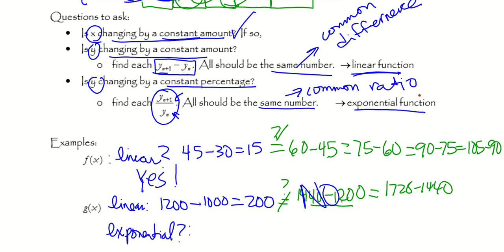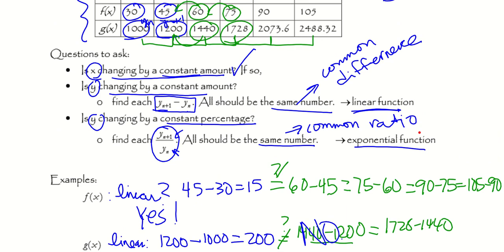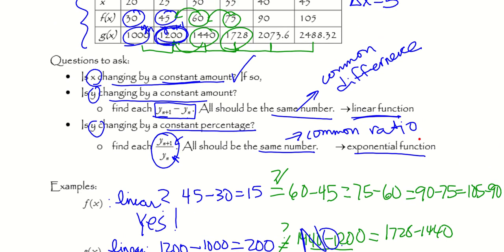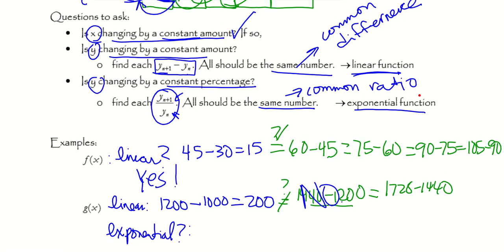The way we test exponential is similar, in that we take our consecutive y's and we divide them. I'm going to start with my second y, 1200, and divide it by its previous y, 1000. If I take 1200 and divide it by 1000, I get 1.2.